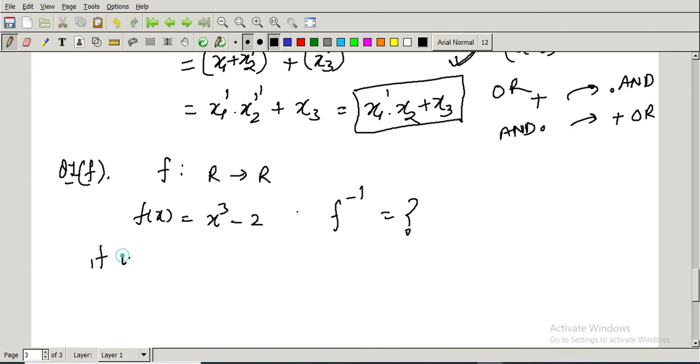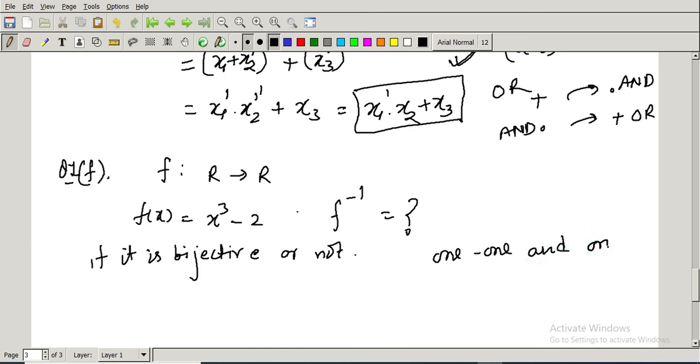Being bijective means that it must be one-one and onto, because an inverse of a function exists only when the function is one-one and onto. So these two conditions must be satisfied.